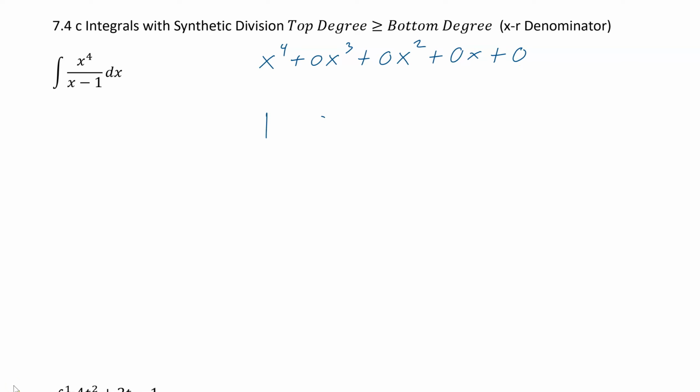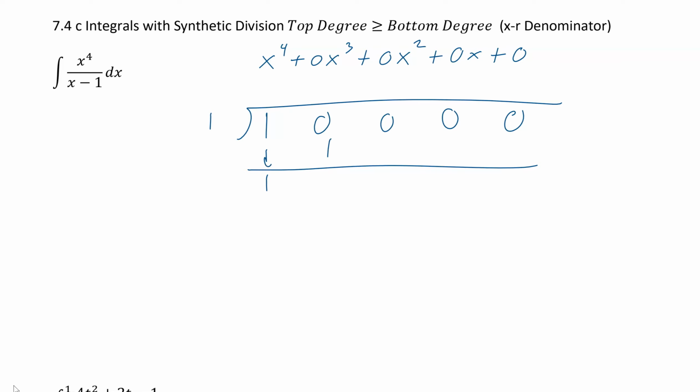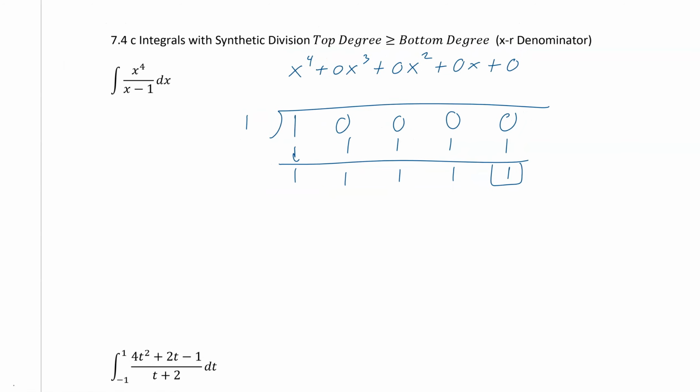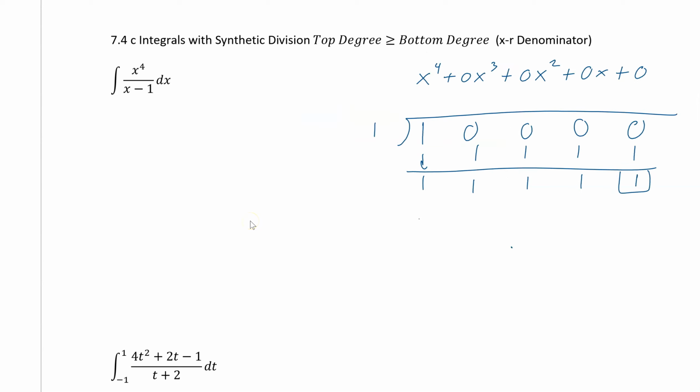Okay, so this would be 1, 0, 0, 0, 0. And then with x minus 1, we use positive 1. So 1, 1, 1, 1, 1. Shrink it, move this over a bit. All right, and then this would now become x cubed plus x squared plus x plus 1 divided by x minus 1.